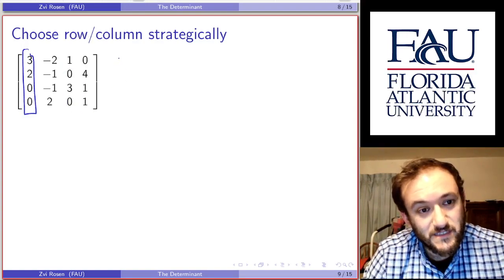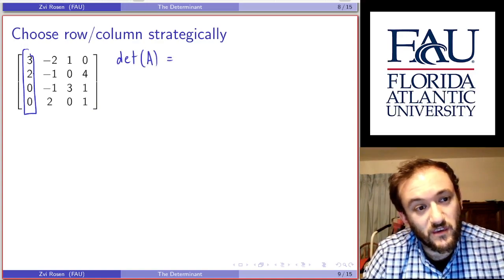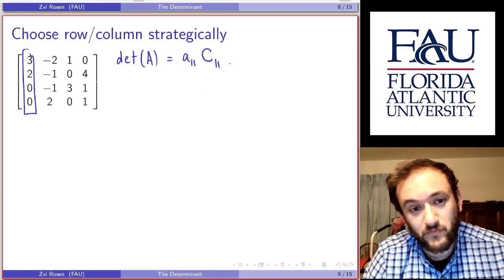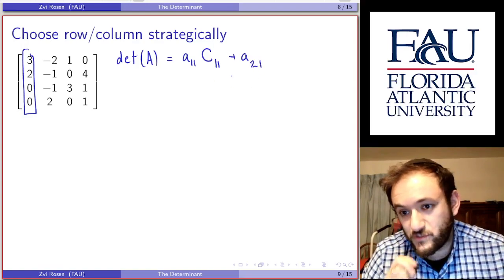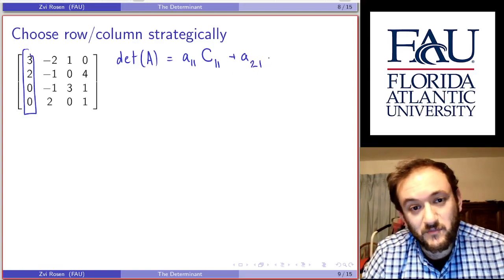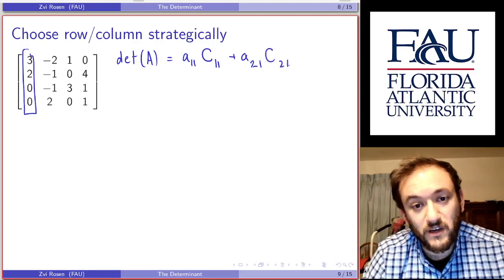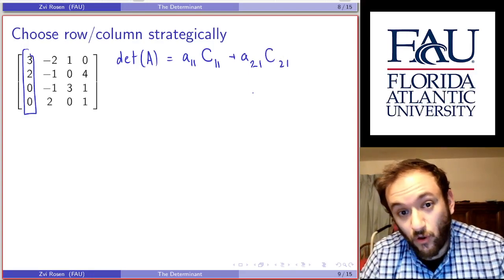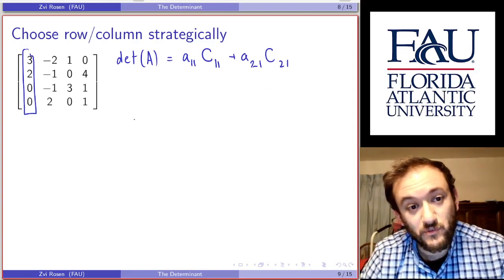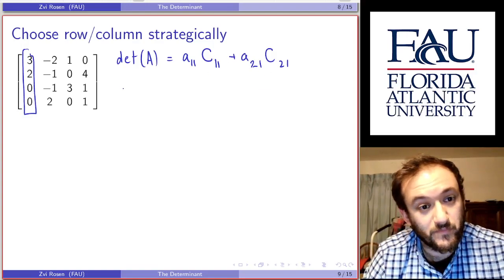So in this case, the determinant of our matrix is going to be A11 times C11, plus, sorry, this should be A21 because we're in the first column, times C21, and that's it because the other two entries in the column are 0. Okay, so we only have to compute C11 and C21.